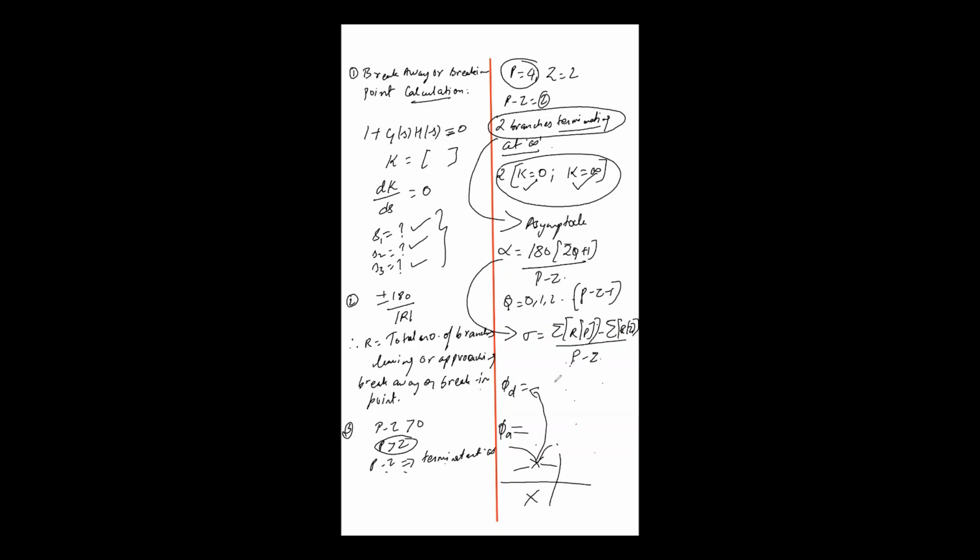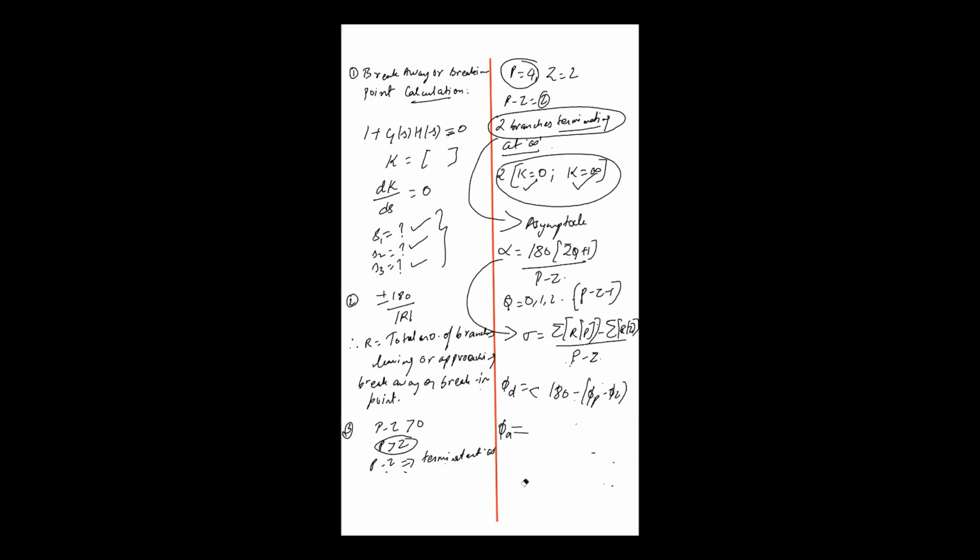Angle of departure is given by 180 minus phi p minus phi z. So this is the formula for calculating angle of departure, where phi p is the angle contributed by all the other open loop poles, and phi z is the angle contributed by all the other open loop zeros. So this is about angle of departure.